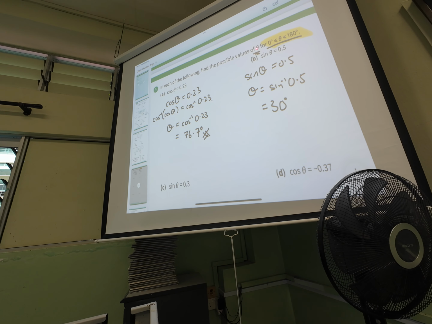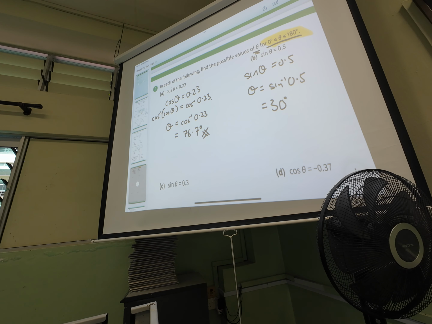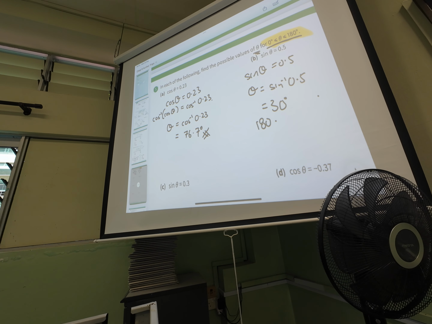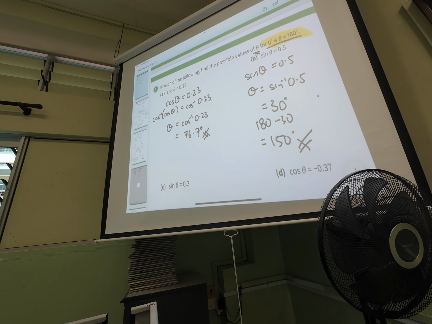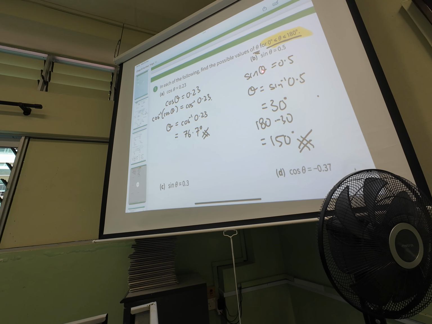For the other possible value of theta besides 30, you take 180 minus 30, then you will get the answer. The supplementary angle of 30, the obtuse counterpart, has the same sine value.